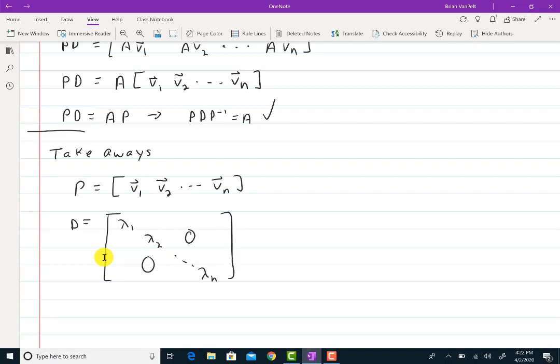What's important is that when we made up A equals PDP inverse, keep in mind the lambda 1 is associated with V1. Lambda 2 is associated with V2. So whatever vector you put here, its associated eigenvalue should be in that spot for the D matrix. For the second column, if you're going to use vector 2, then you need lambda 2 to be in the second column of the diagonal matrix, etc. So you've got to match the columns of these two matrices up.